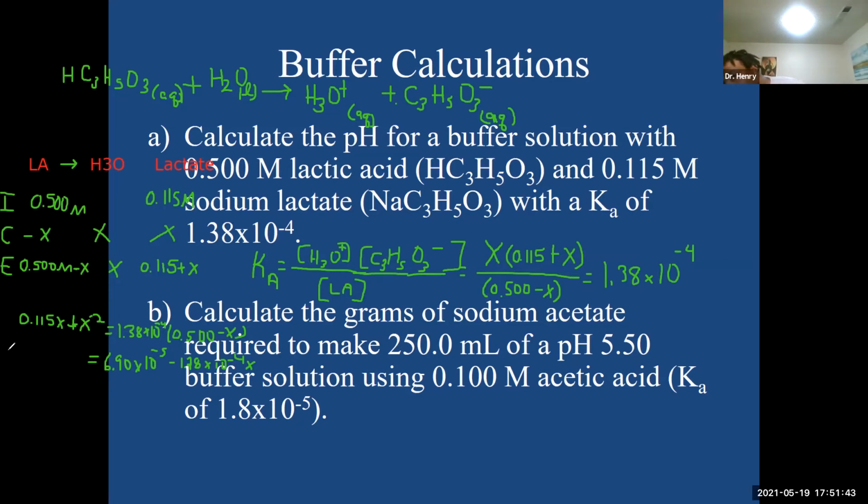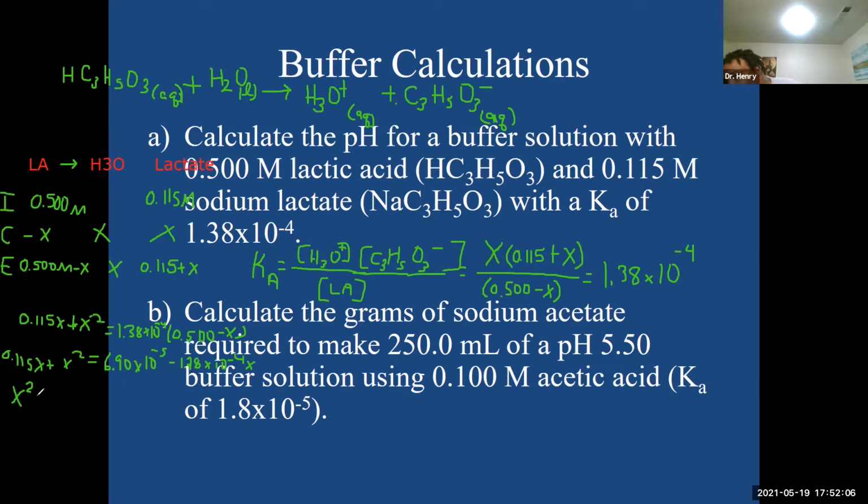So we're going to bring this all over to the other side. We'll end up with, changing it around a little bit so that we have x squared first, and we're adding this number to the other side.